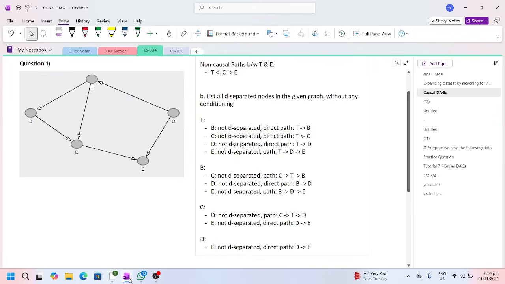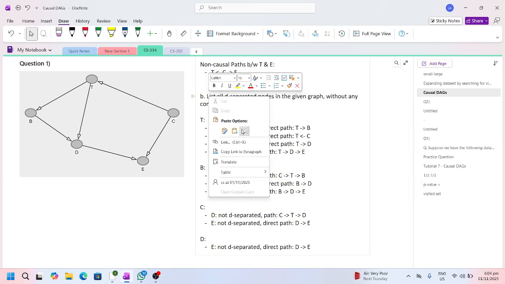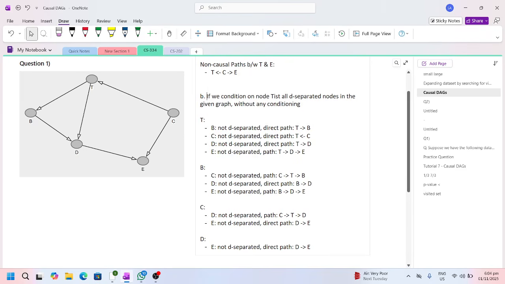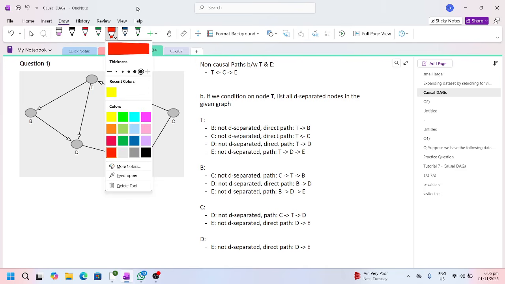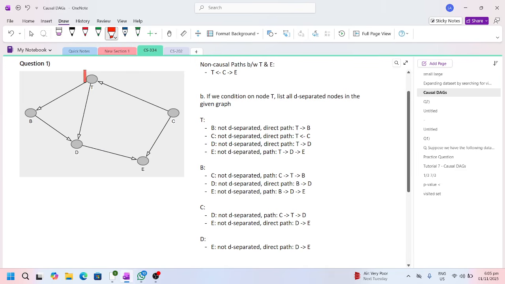Now, if you condition on the node T, then let's try and list all the paths in this given graph again. Let's highlight the node we have conditioned on.